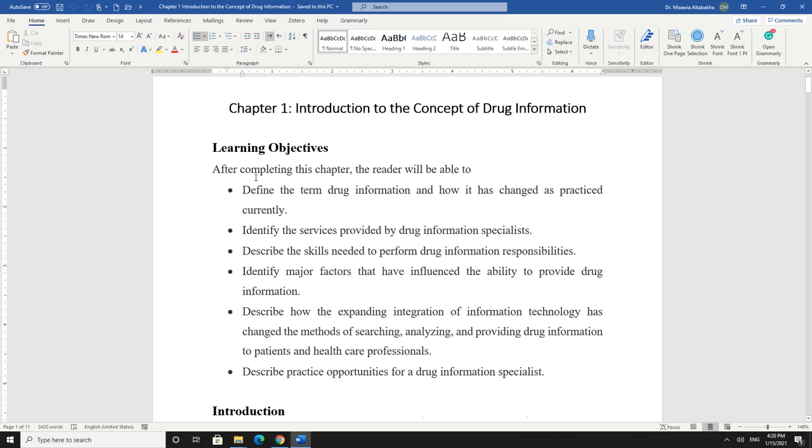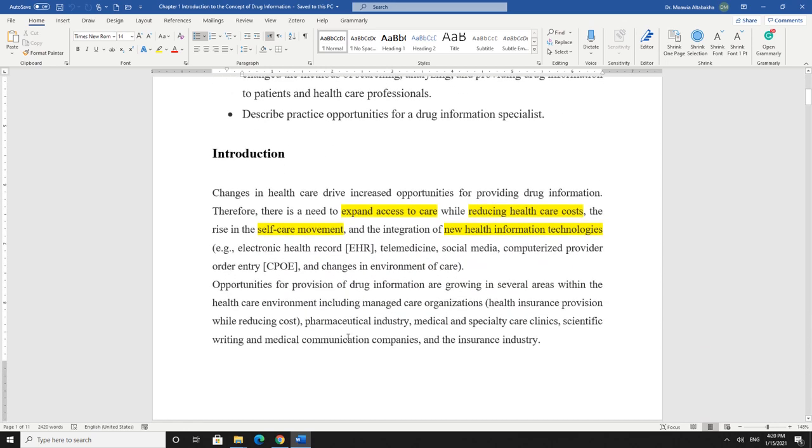Okay, to start with, we need to emphasize that the opportunities for providing drug information have increased. The reason for this is because of expansion of services that are provided in healthcare systems.